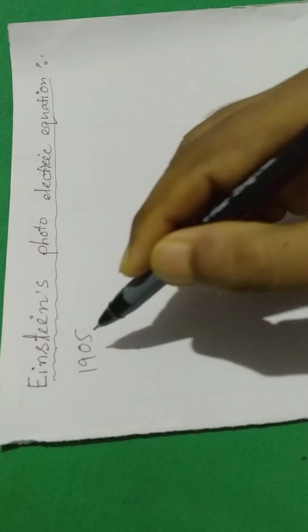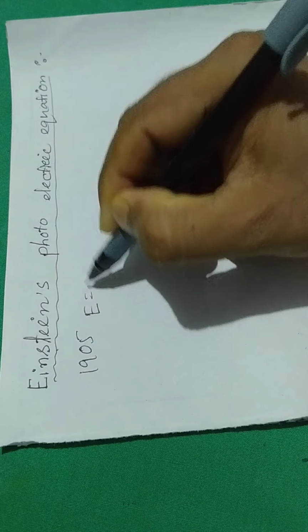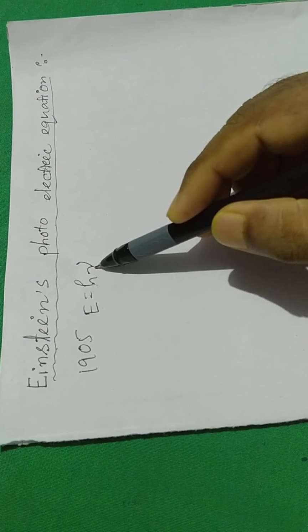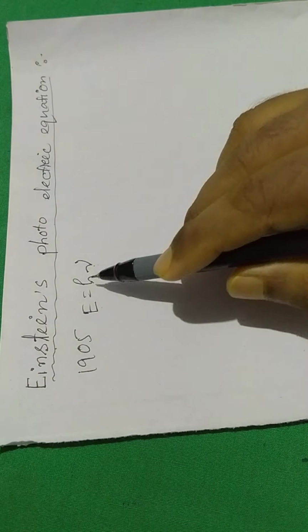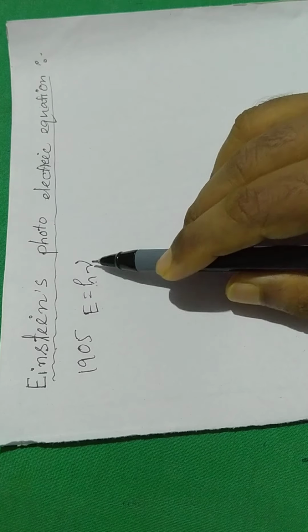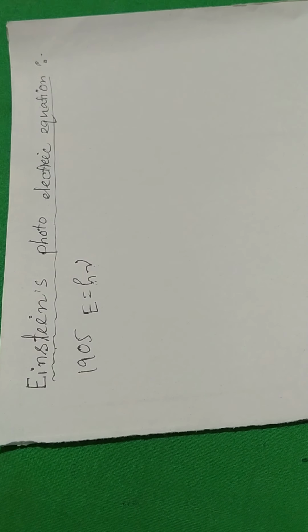The energy of each photon is equal to h nu. So what is a photon? A photon is a packet or bundle of energy. The energy associated with each photon is equal to h nu, where h is Planck's constant and nu is the frequency of radiation.